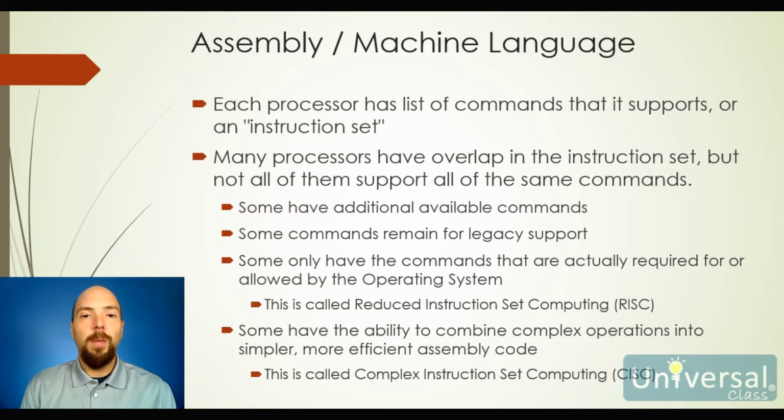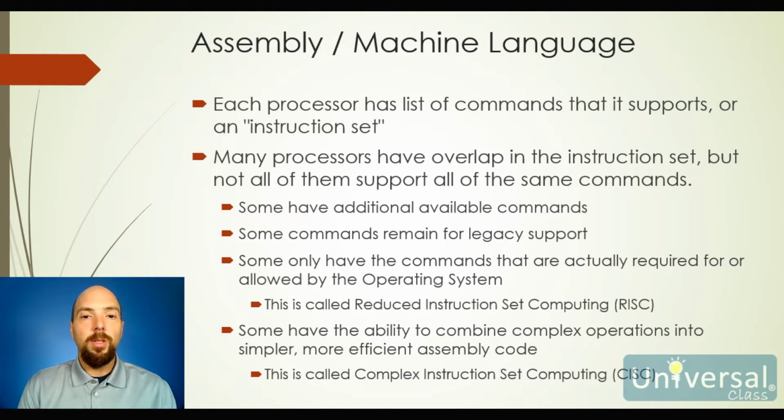So what we need to worry about is when we design programs, we have to know what the instruction set is that each processor is capable of handling. Like I said, some of them allow you to have additional commands, some don't have as many. Some have old commands that aren't used anymore strictly for legacy support.